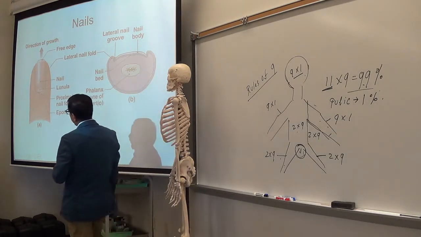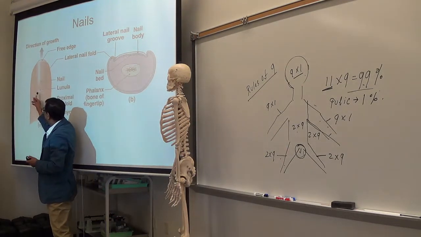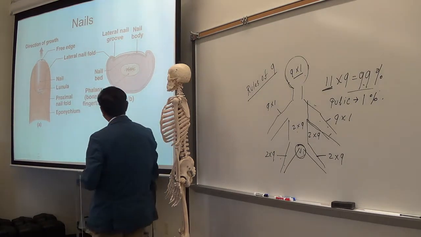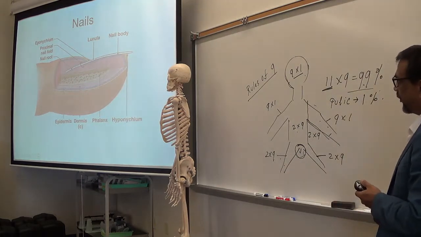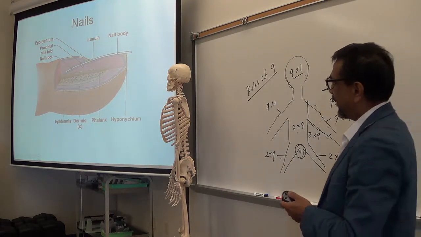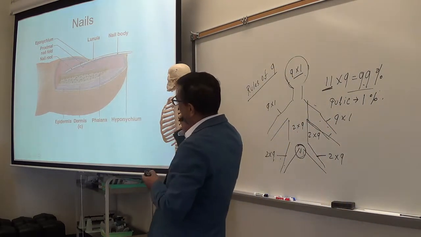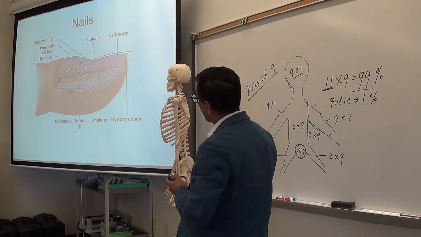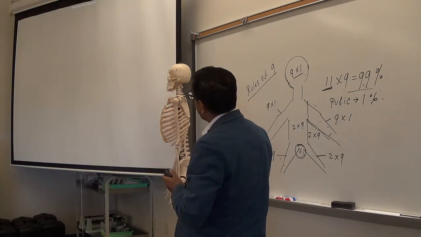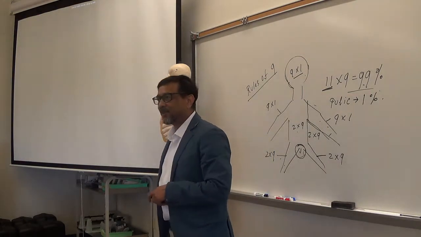And you have lateral nail folds and proximal nail folds. And inside the finger, you have the nail root and two tiny tissue structures. Those are hyponychium and eponychium. Okay. Got it? Everything?